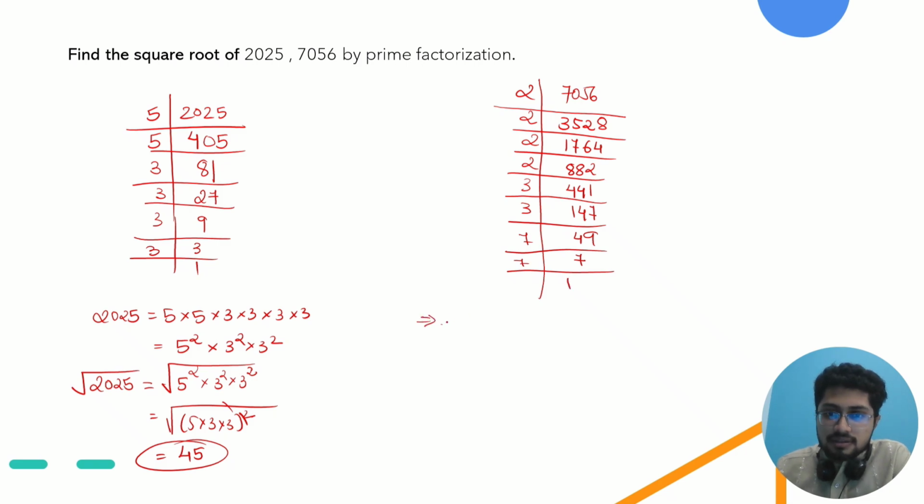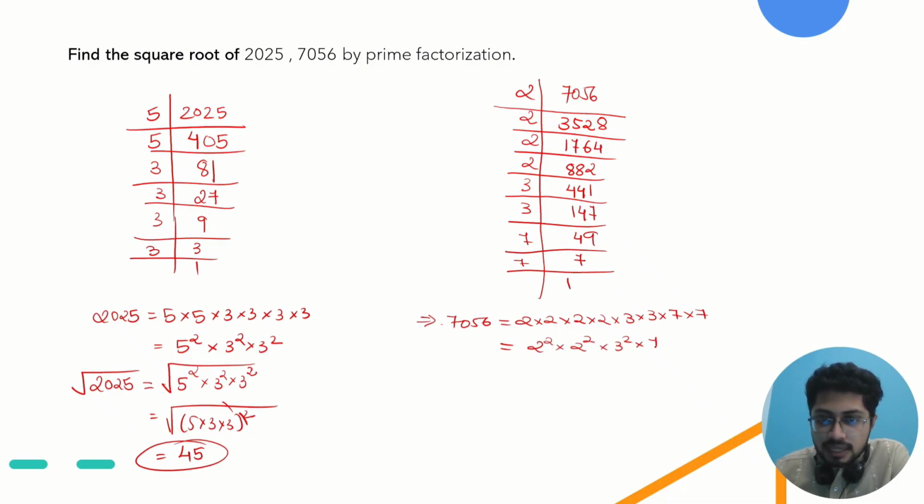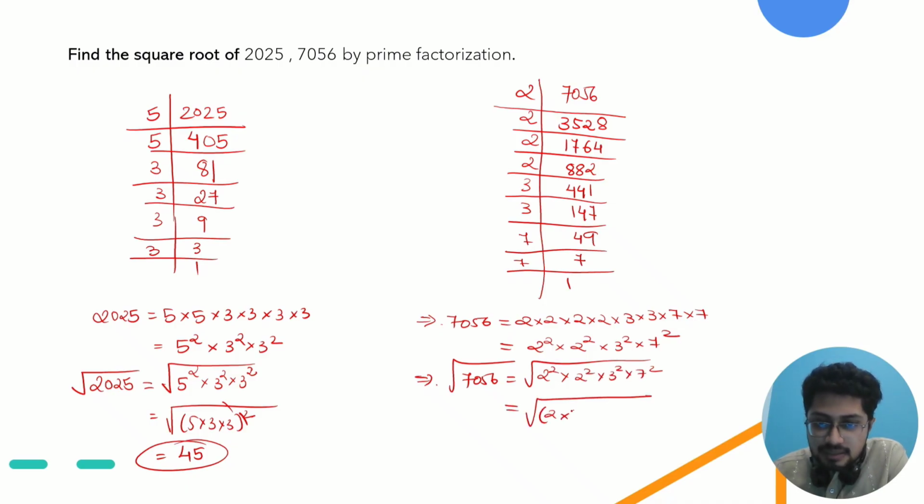So what are the factors of 7056? 2 multiply by 2 multiply by 2 multiply by 2 multiply by 3 multiply by 3 multiply by 7 multiply by 7. Now make a group of 2 2 2: 2 square, 2 square, 3 square and 7 square. Now both sides square root. What you will get? 2 square into 2 square into 3 square into 7 square, both sides square root, and then take the square as a common thing.